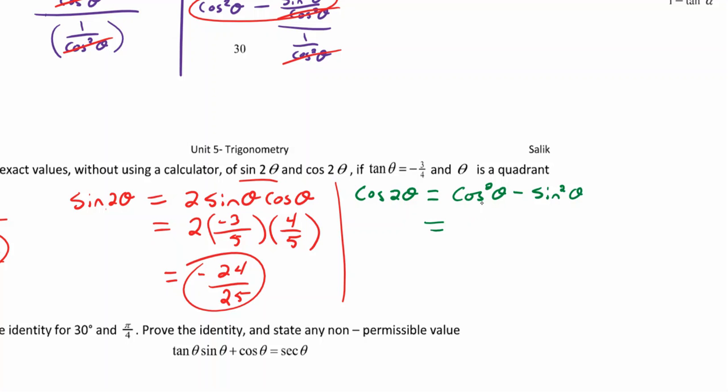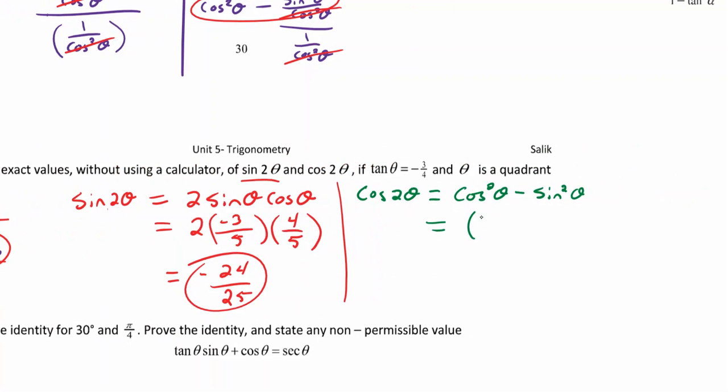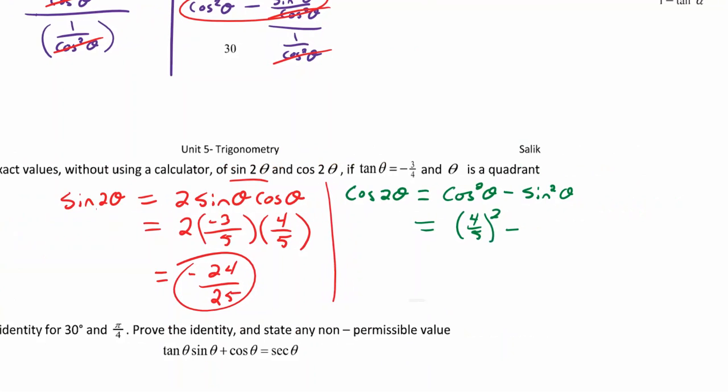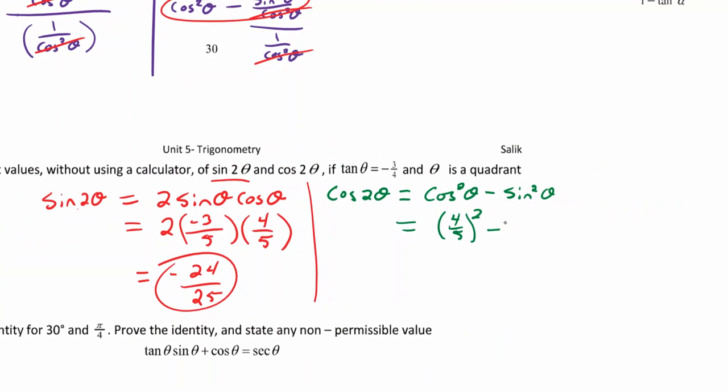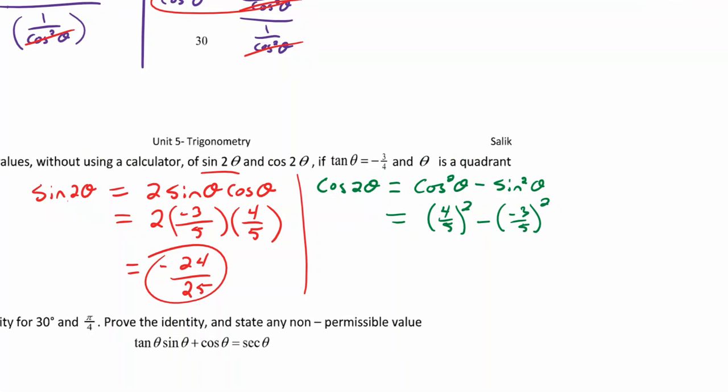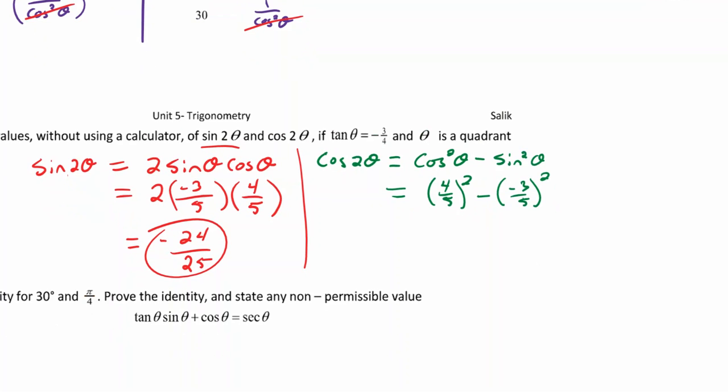Cos squared theta is just 4 over 5 squared, minus sine squared, which is negative 3 over 5 squared. Since I'm squaring, negative 3 squared makes that positive. In the end, we get 7 over 25.